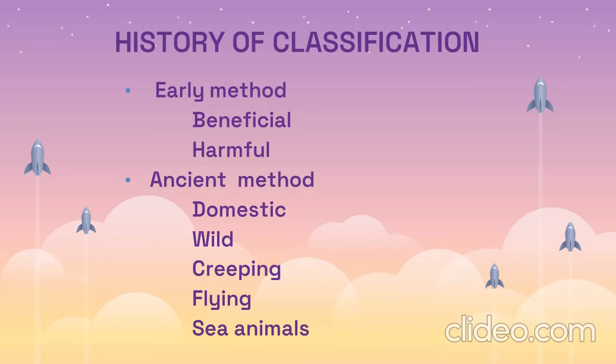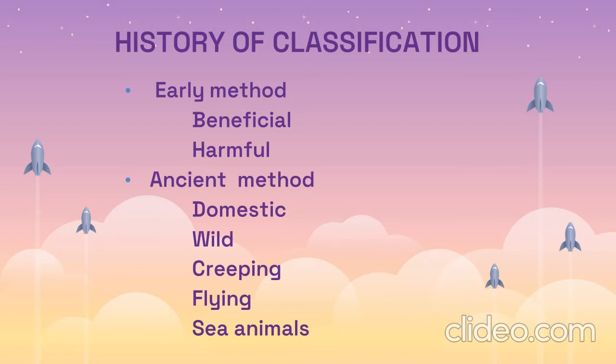Okay. And again, as days passed, they gave another classification system, because if we categorize only in two groups, beneficial and harmful, the number of species in each will be more and more. Am I right? That's why a few more classifications were given. So how did they do it here? Domestic animals, wild animals. The organisms which mingle among humans, they categorized as domestic animals.